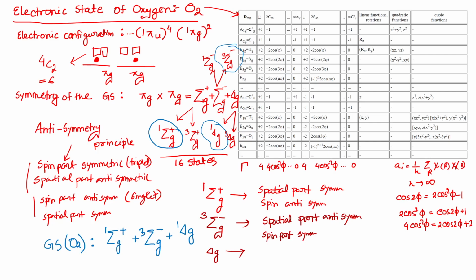And what is the order of these states, or what is the energy scale of these states? By Hund's rule, this will be at the bottom, and this, with the degeneracy of this state being high, will be second, meaning that its energy will be higher than this triplet state, and it will be at the top.